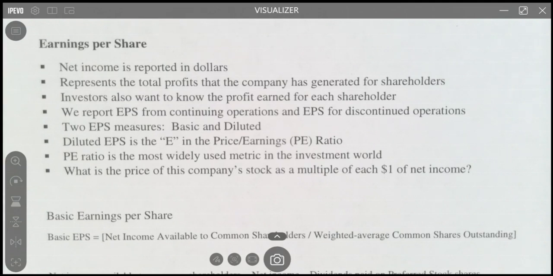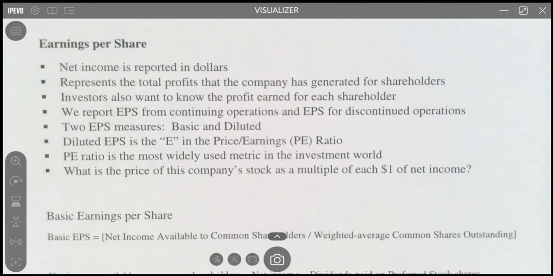Price to earnings ratio is the most widely used metric in the investment world. Again, it shows what is the price of this company's stock, not just the nominal price, which is always useful and meaningful, but also as a multiple of each dollar of net income, which makes it comparable to other companies where you look at their P/E ratio and see what they're trading at as a multiple of each dollar of net income.